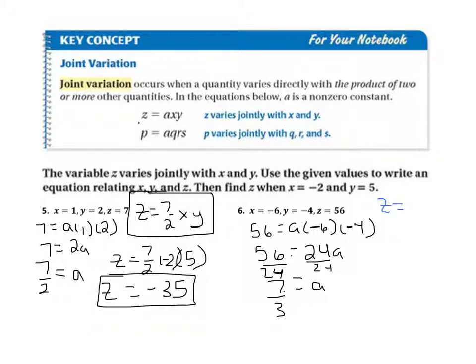Z equals 7/3 xy. So Z equals 7/3 times negative, oh, not negative 6, times negative 2 times 5.